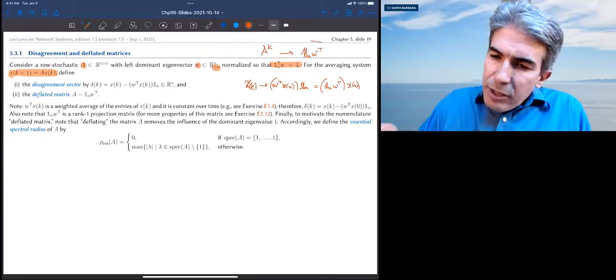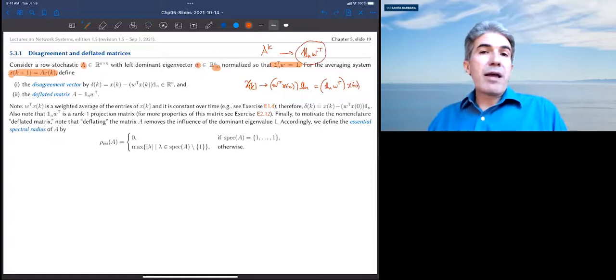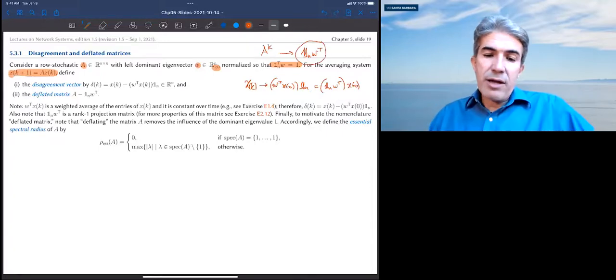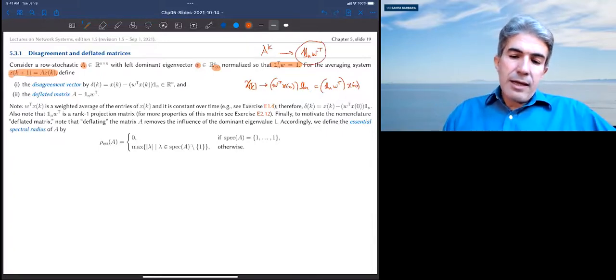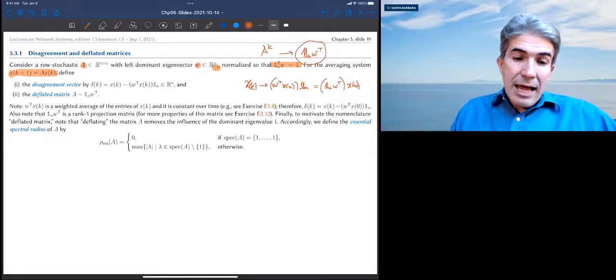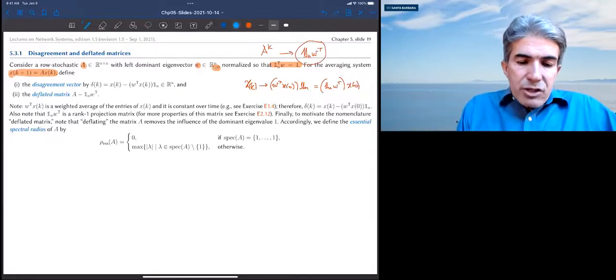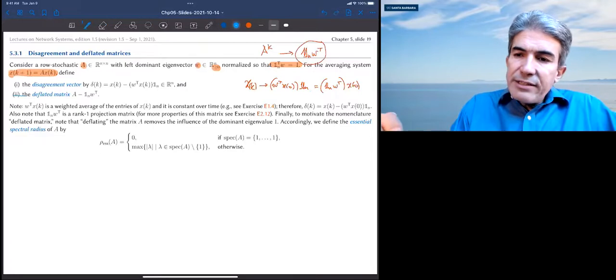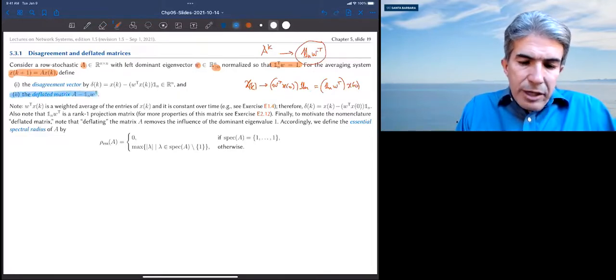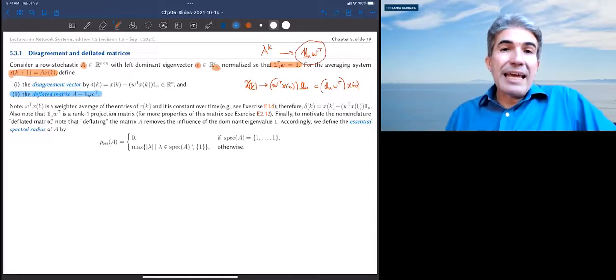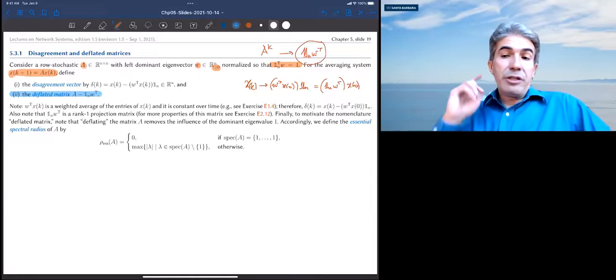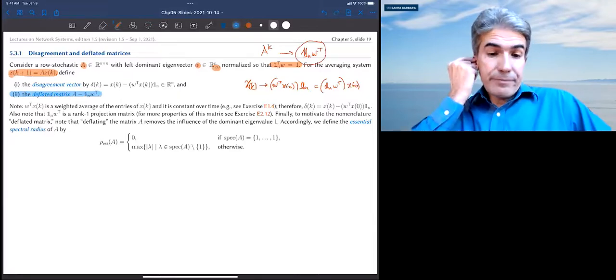So this matrix is a rank 1 matrix. It's a very important rank 1 matrix. And I'll use it right now to define something that I call the deflated matrix. So I take A and I subtract from it its limit.